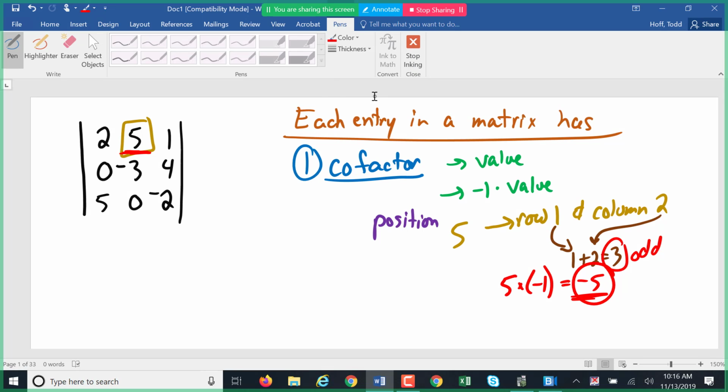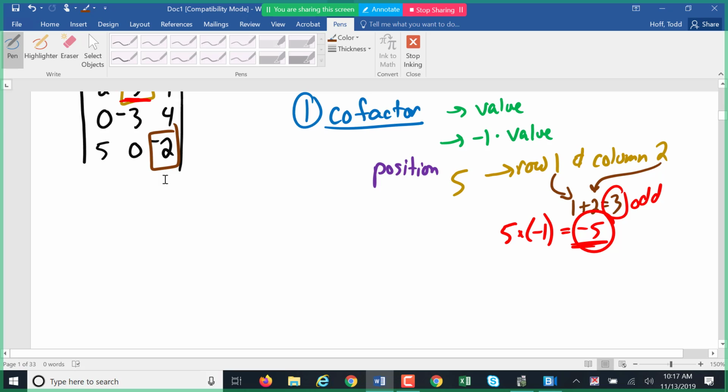Let's do the cofactor for, I want to find one that's, let's do this 5 down here. That's going to be confusing. Let's do the negative 2 down here. So for the negative 2, it is in row 3 and column 3.